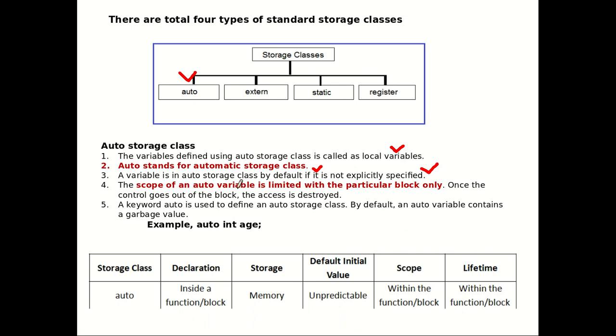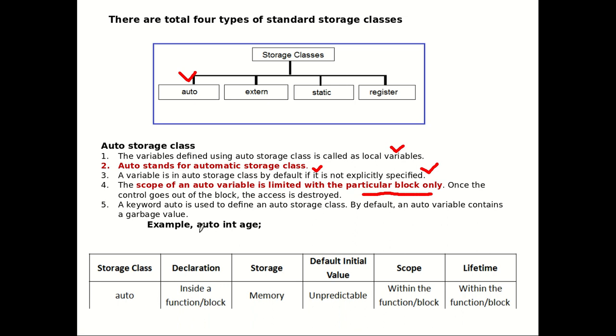The scope of an auto storage variable is limited to a particular block only. Once the control goes out from that block, access to that variable is not possible, that is, the variable will be destroyed. The keyword auto is used to define an auto storage class.